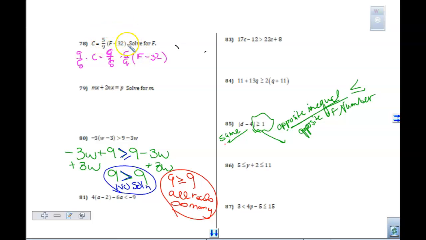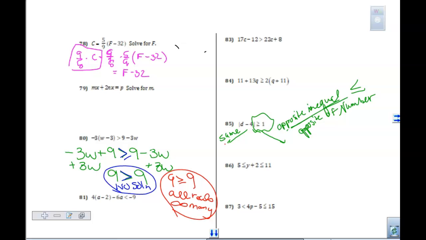Now, I will have some people distribute this 5/9. That's kind of ugly, right? 32 times 5 divided by 9, that's a lot of extra work. So if I do this first and eliminate this, I am left with F minus 32. And instead of keeping it as a fraction on this side, what is 9 divided by 5? What decimal do we get?